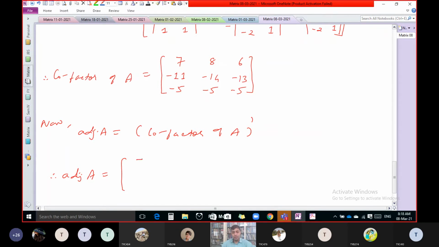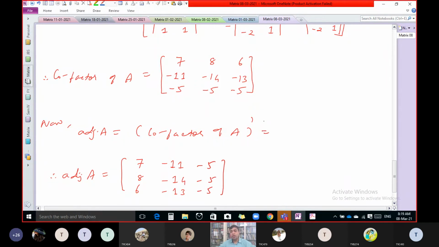You write 7, 8, 6 as the first column. The second row you write as the second column: minus 11, minus 14, minus 13. That is known as transpose. And the last row you write as the last column. So what we get here is minus 5, minus 5, minus 5.